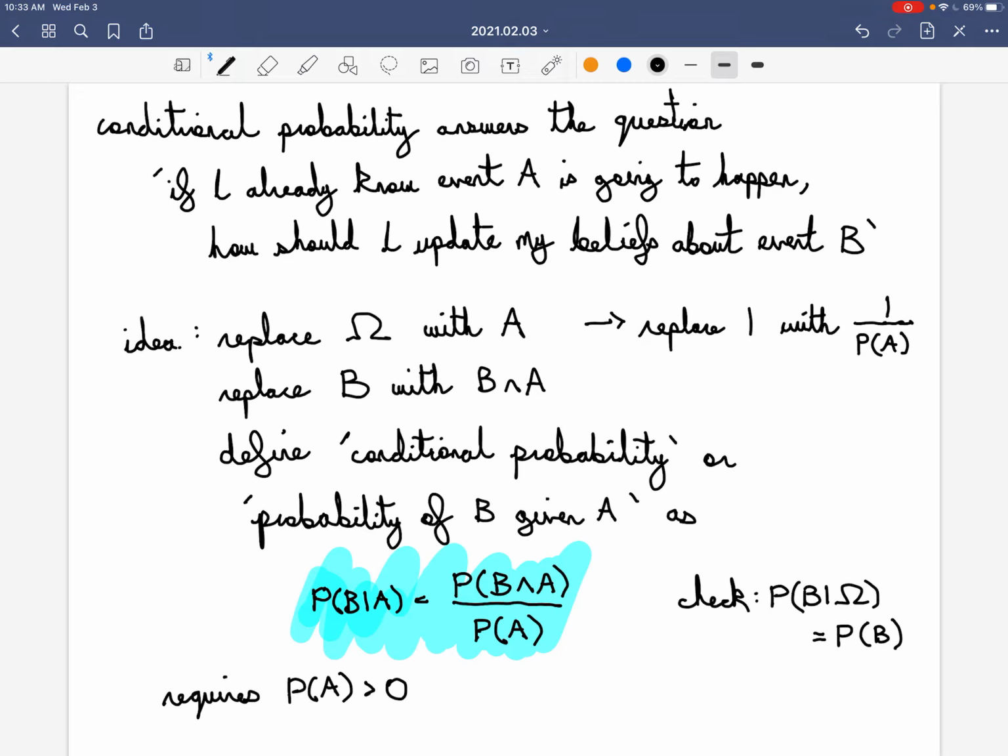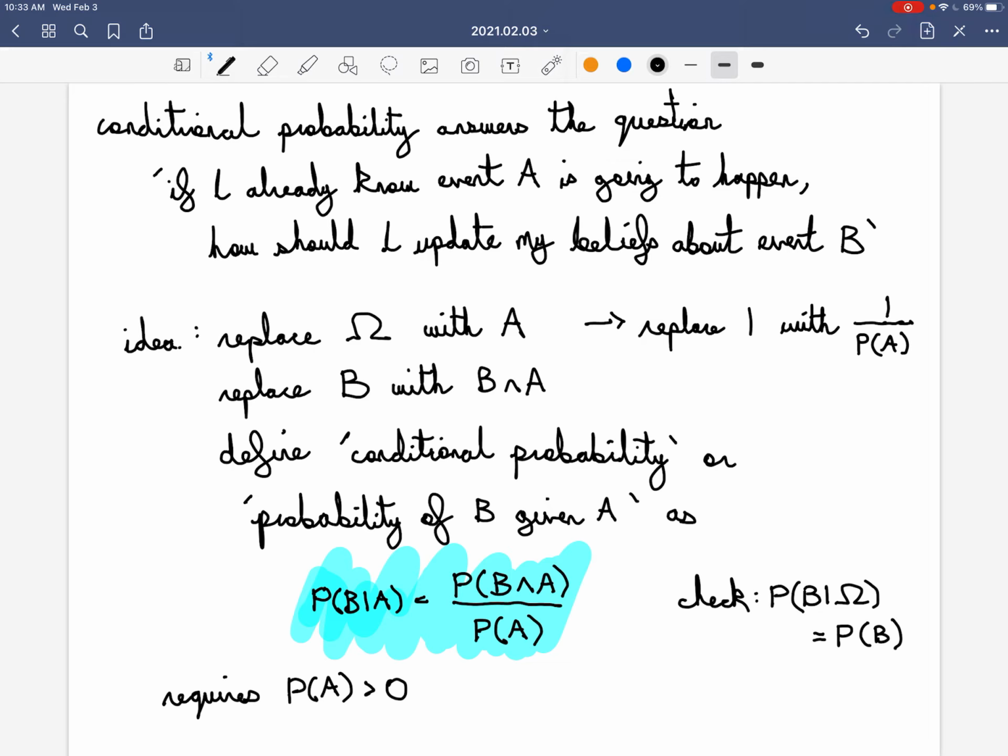And that probability is a real number, just like every other probability. And probabilities are numbers between 0 and 1. That's what the unit interval axiom says.